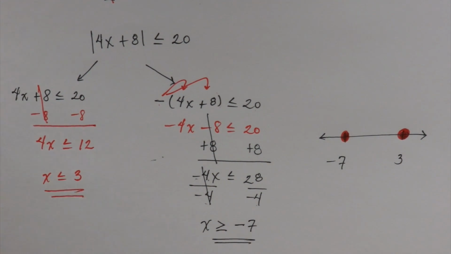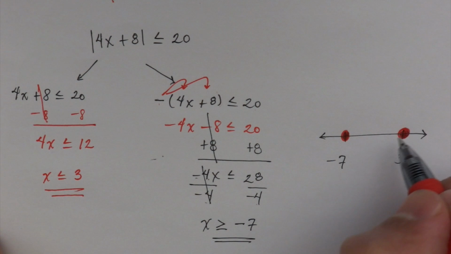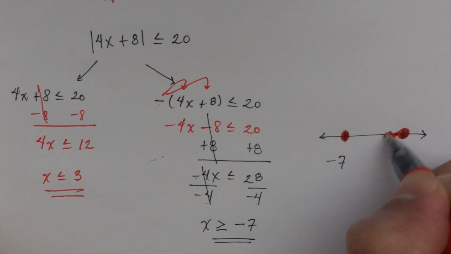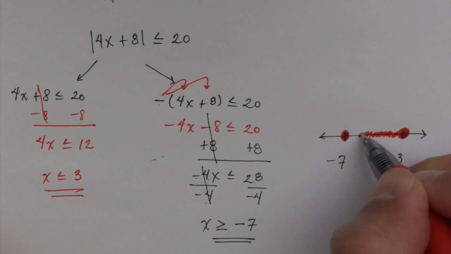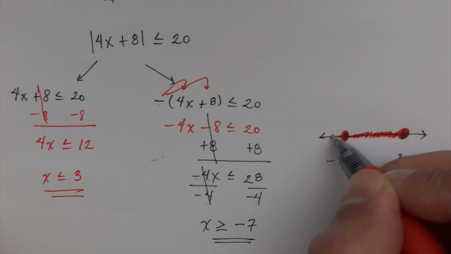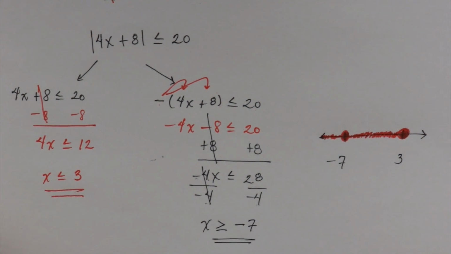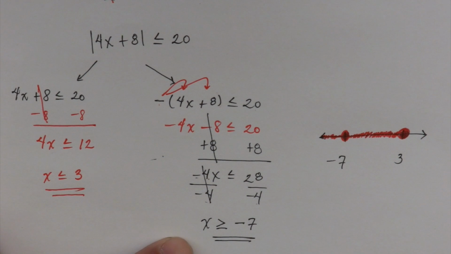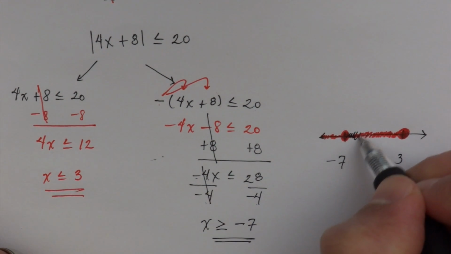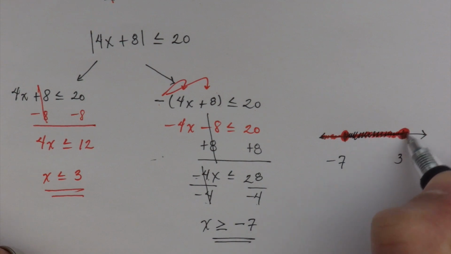So what number is less than 3? Well, that's 2, 1. All of these over here to the left. Okay, and they keep going. And what numbers are greater than -7? Well, that would be -6, -5, -4, all the way to the positives.